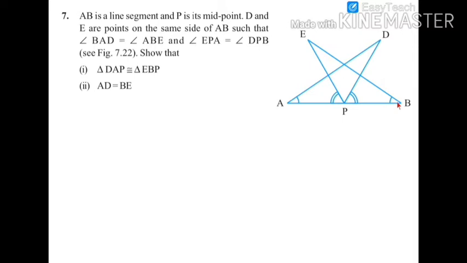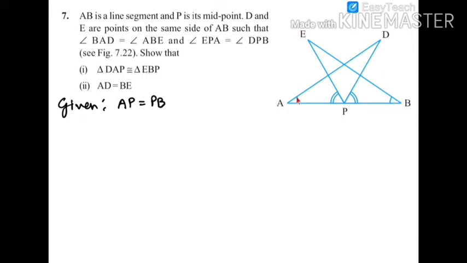AB is a line segment and P is its midpoint. So we can say that AP is equal to PB. D and E are points on the same side of AB such that angle BAD is equal to angle ABE.